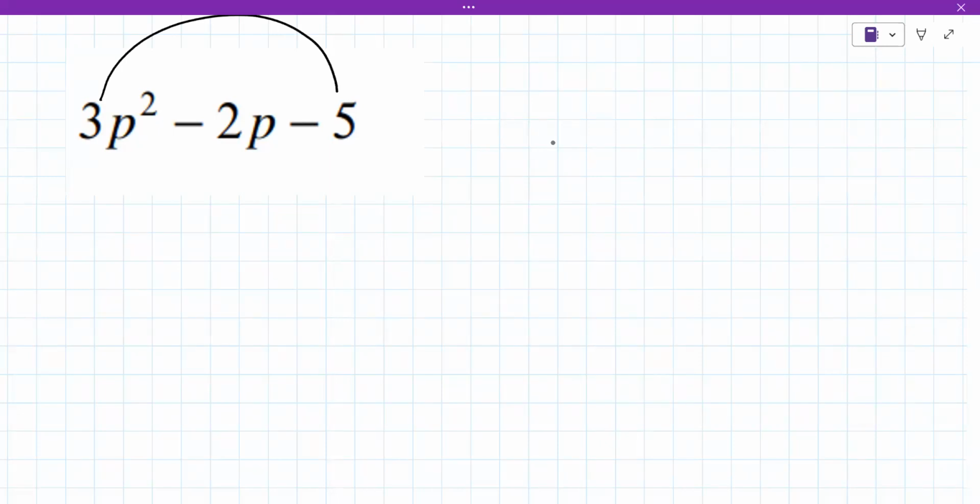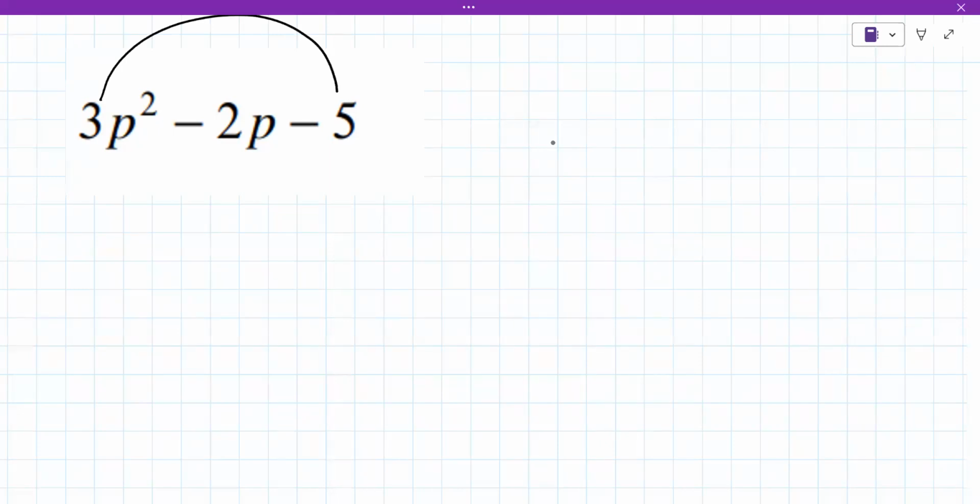So that would be 3p squared plus 3p minus 5p minus 5. Put those in parentheses. Find the GCF, 3p, that would be just p, and then that would be plus 0.